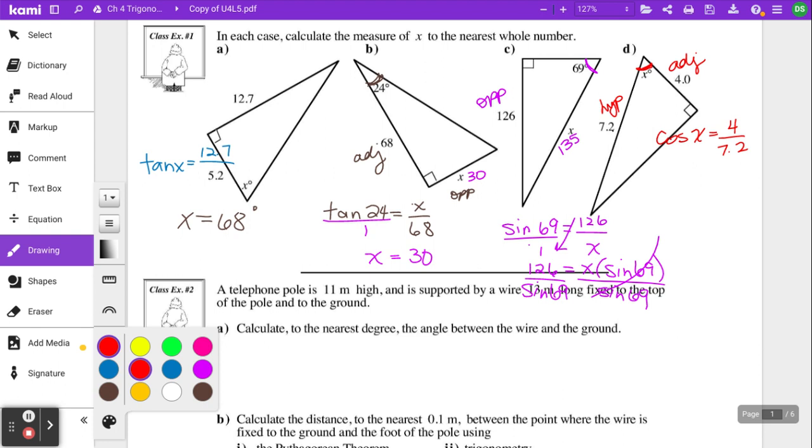I'm trying to find x. So if I could just drop that cosine function, I'd be good to go. So second function cosine of 4 divided by 7.2, and what is x going to be to the nearest whole number? Did you get it? 56 degrees. Put the degree symbol on so I know what you're talking about.